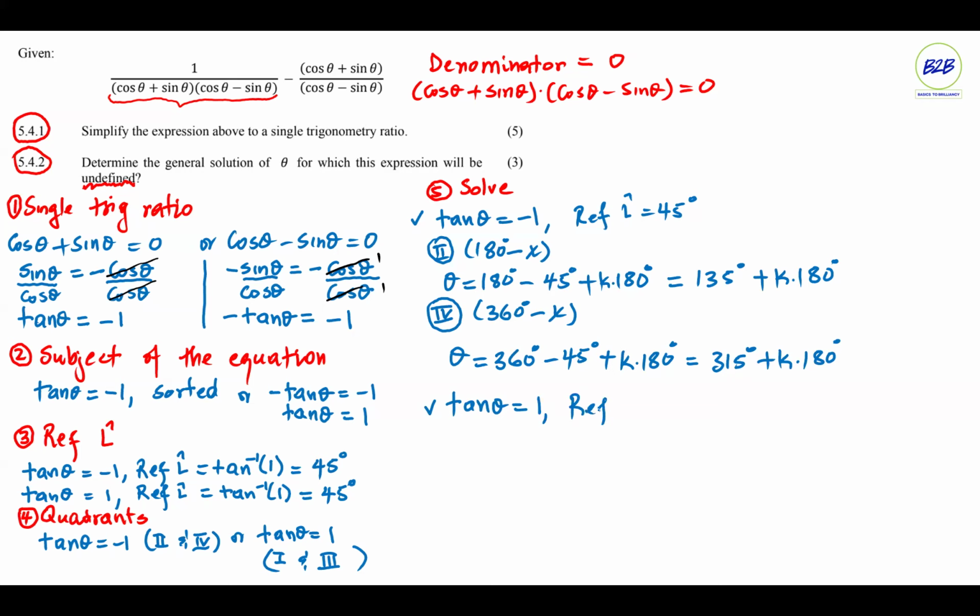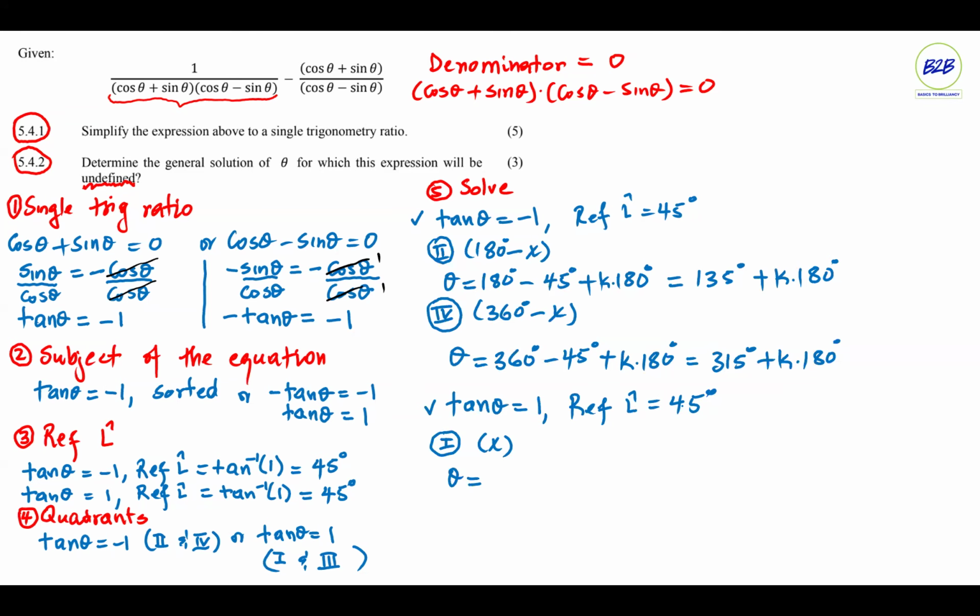And the reference angle is equal to the previous reference angle, which is equal to 45 degrees. Which quadrants did we select? The first one was part of it. And then in the first quadrant, remember, we just use x. And then we say theta is equal to x. What is x?